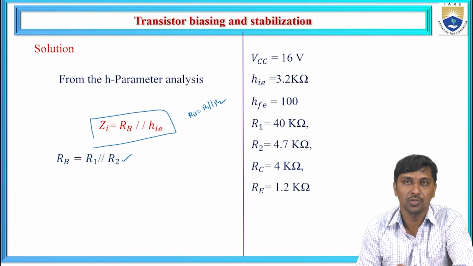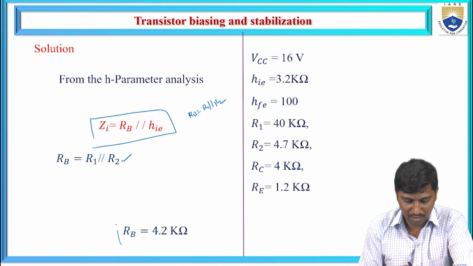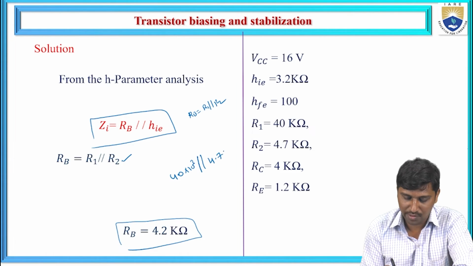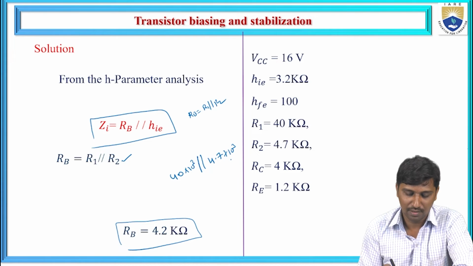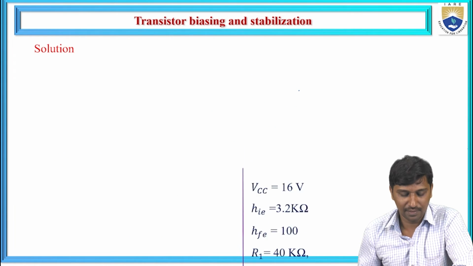Then again you observe the parallel combination of this RB value with the HIE value, which is the input impedance. Here, for RB, 40 kilo ohms is in parallel with 4.7 kilo ohms. That parallel combination gives the RB value. Then you can substitute here, again in parallel with HIE.